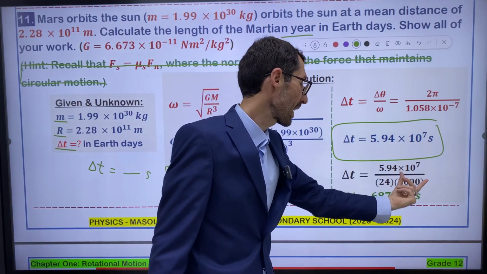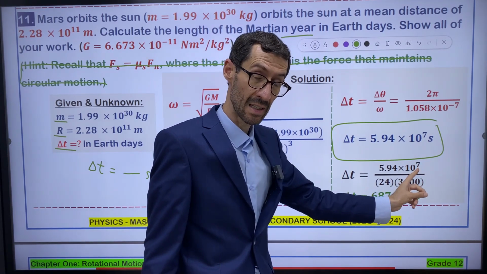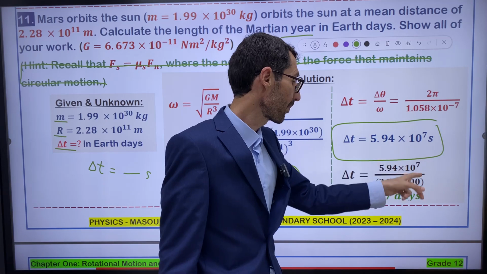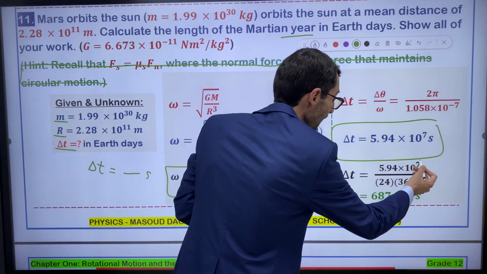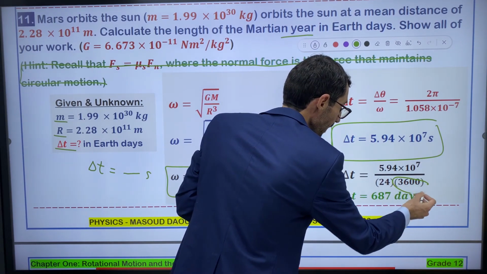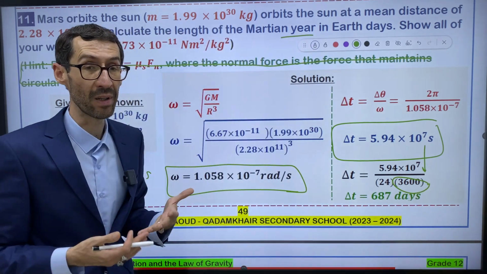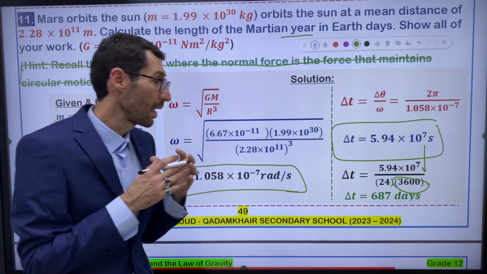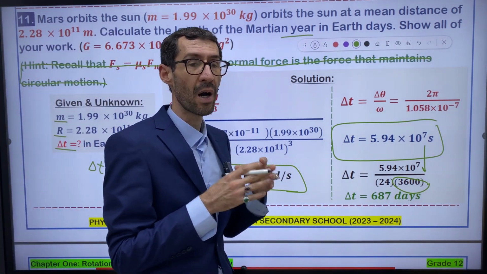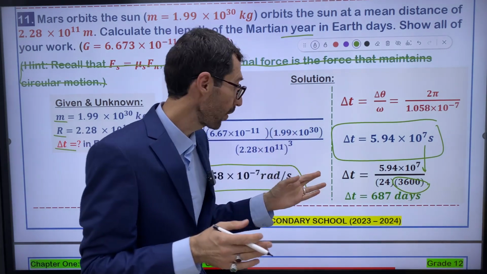Teacher, how do you convert seconds into, for example, hours? Whenever you divide seconds by 3,600, it will turn into hours. So only by dividing by this number, you can convert it to hours, but we don't need hours. We need days, right? How many hours are there in one day? Actually, on our planet, 24 hours, right?